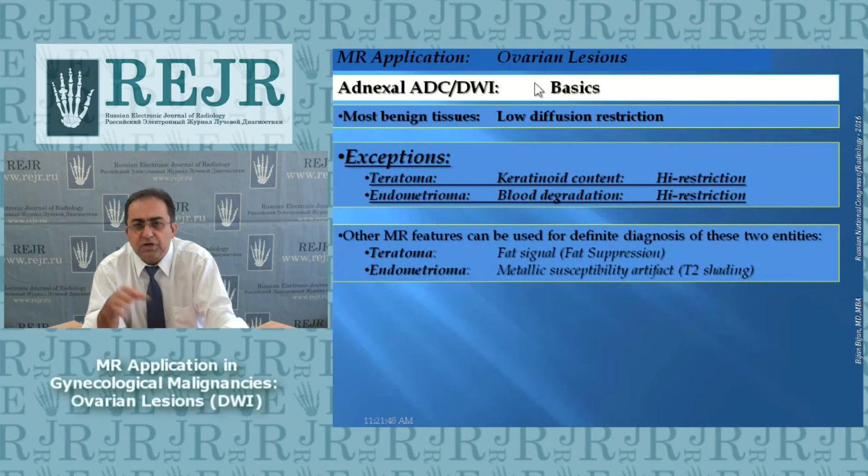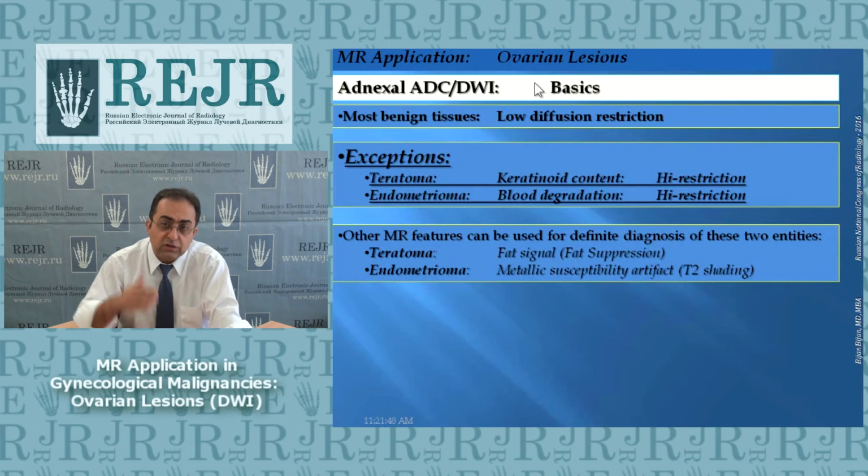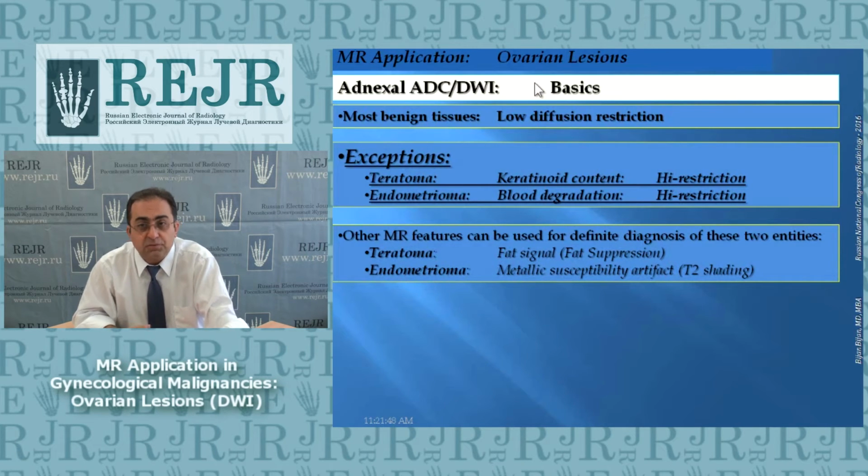You do fat suppression, and if you have the signal loss, you know it has a fat content, therefore it is teratoma, like dermoid. Then we have to check for the malignant component of teratoma, if there is any. And endometrioma is very easy. Endometrioma, because of blood degradation product, has iron. And this iron causes T2 shading. On the T2, you can actually see that. And sometimes on T1, you see white signal.